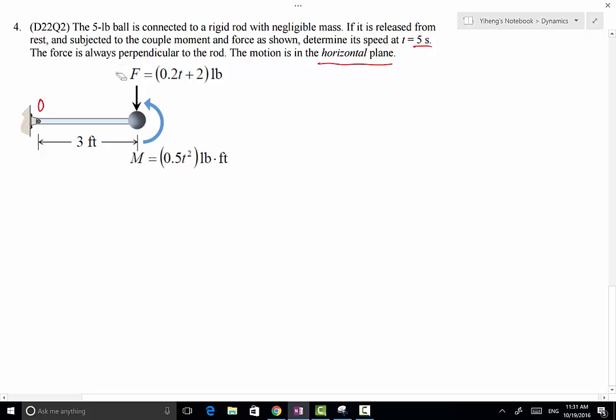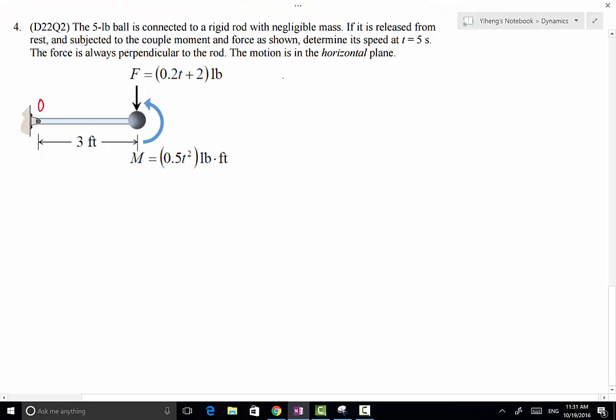So if we do the force analysis of this rod, then we know that we will have support reactions Ox and Oy at O. Therefore, the best way to solve this problem is to use the principle of angular impulse and momentum by summing the angular momentum and angular impulse about O. Therefore, we do not have these unknown forces having moment about O. They do not contribute to the angular momentum of this system at O. So that's what we're going to do.